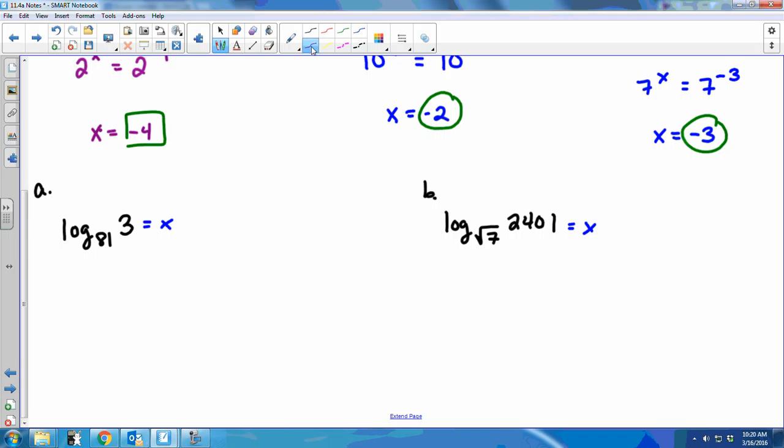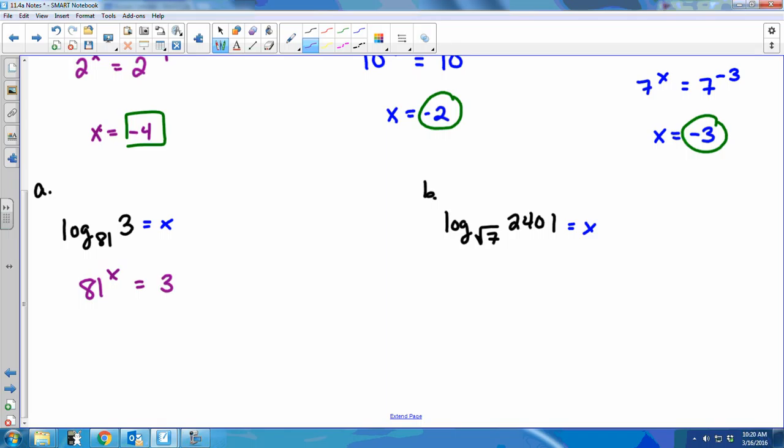So this first one, if we rewrite it, we get 81 to the x power equals 3. Obviously, the bases don't match and we can't do what we just did. But in learning target 3, we had occasions where the bases didn't match either, right? And we could rewrite things to have the same base. So 81 is 3 to the what power? 3 to the 4th power, right?